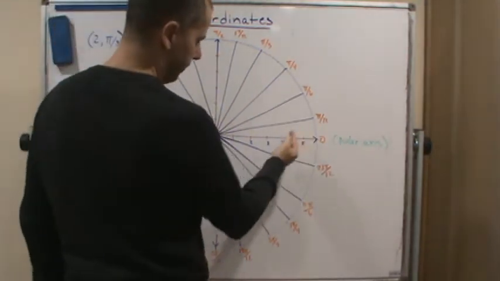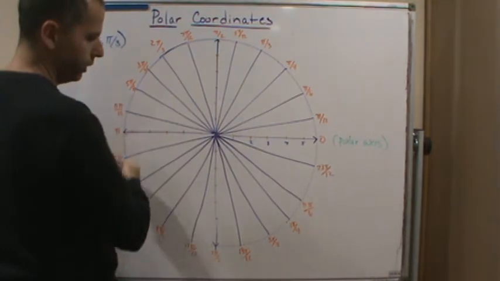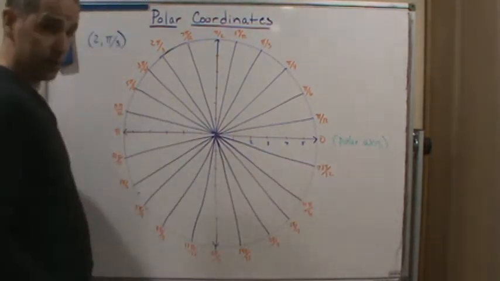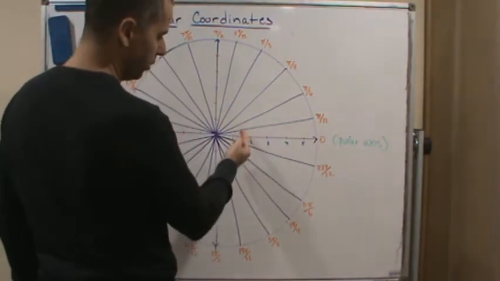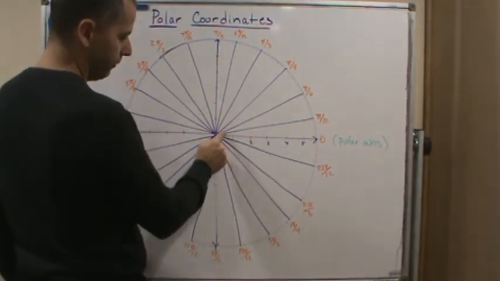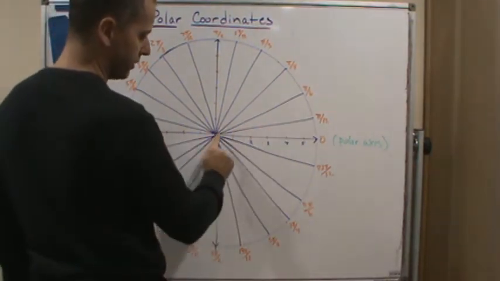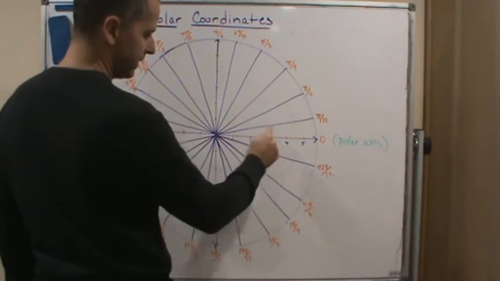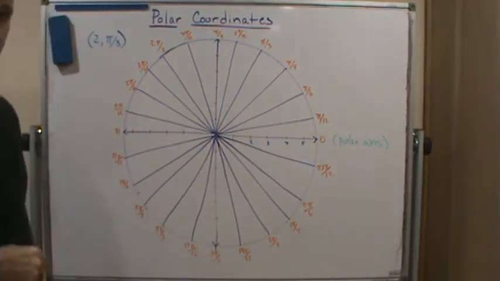And each one of these lines going around this circle is the angle, theta. This is the angle pi over 12 that the terminal side makes with the polar axis, so that creates an angle with the center. That's what theta is.